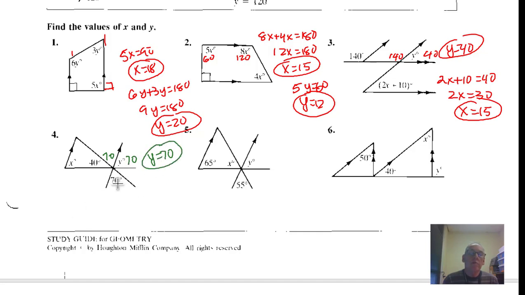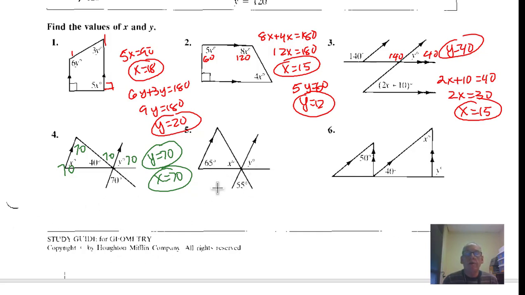Then, parallel lines cut by a transversal. If we do the z, this angle here has to be 70 by alternate interior. This gives us 110, which means that x also has to be 70, since they need to all add up to 180. So x is also 70.